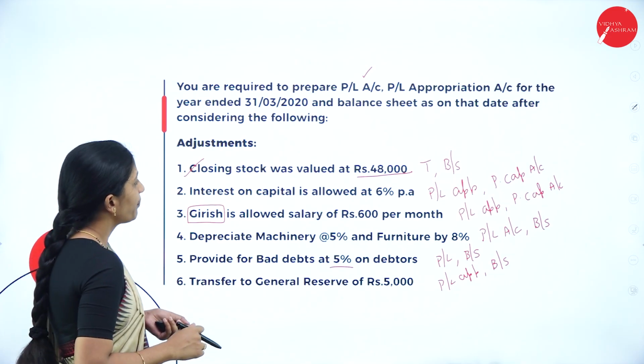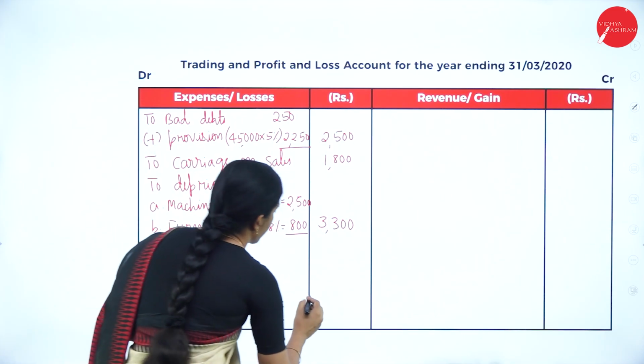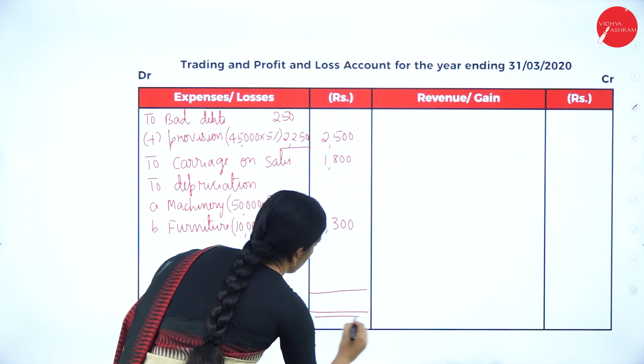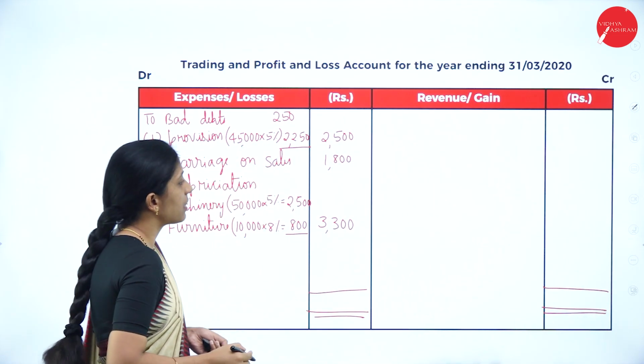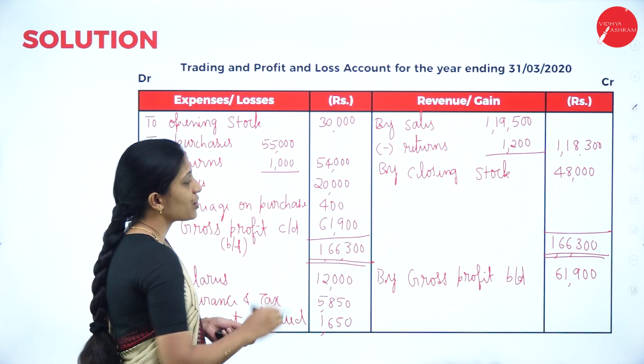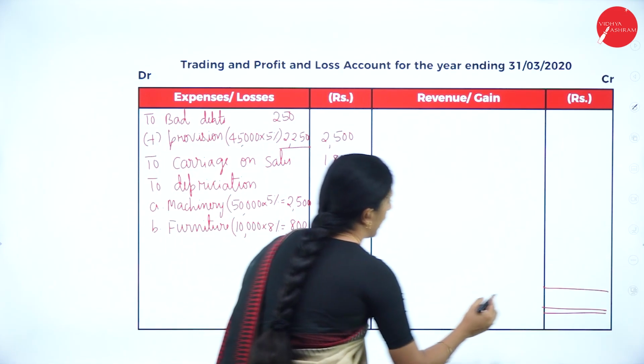Now what you have to do? We have to balance both the sides and see whether it is net profit or net loss. If you see the credit side, it is 61,900.